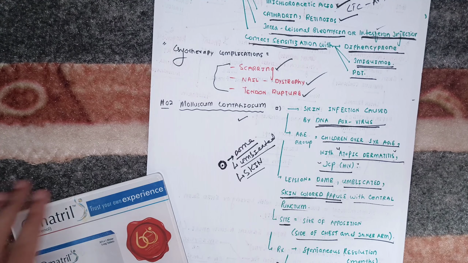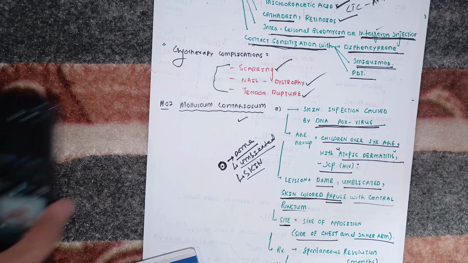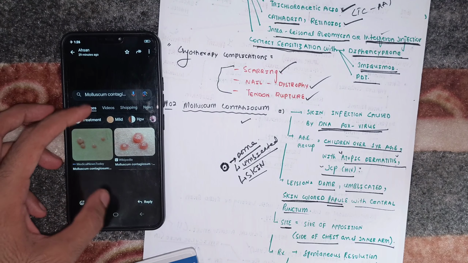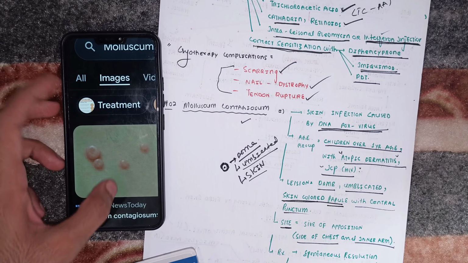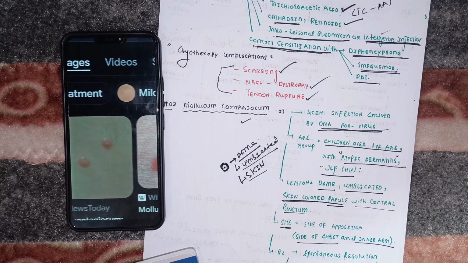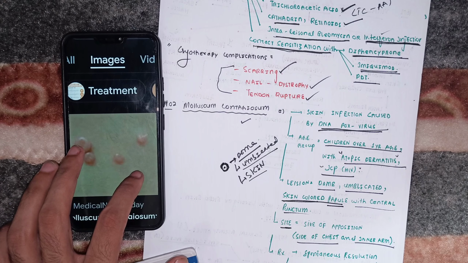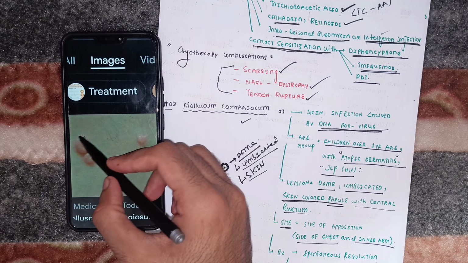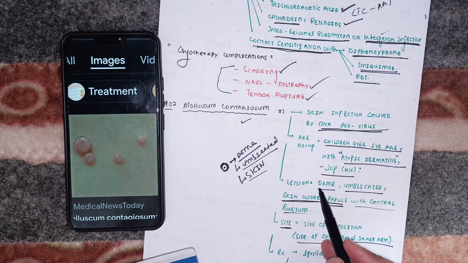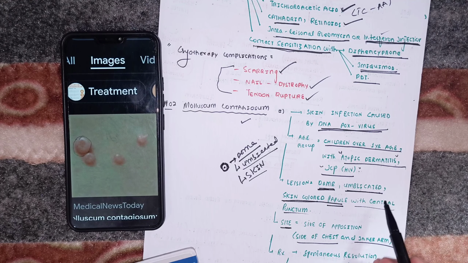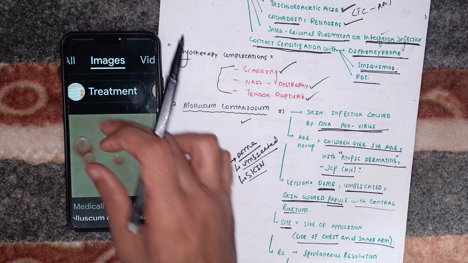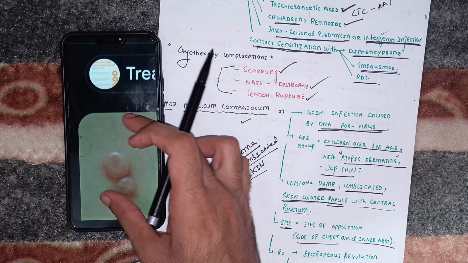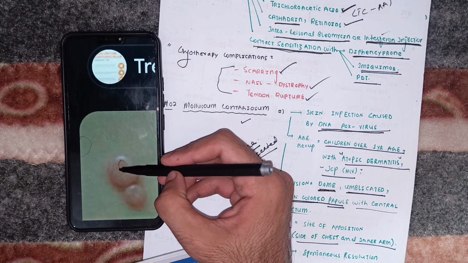Okay, let me show you beta what I am trying to say. Okay, can you see beta? This is the lesion on the skin which occurs in case of molluscum contagiosum. Isn't it a papule? It is a papule beta. And also it is skin colored, it is dome shaped, it is umbilicated, and in the center of the lesion, if I just zoom into the picture, can you see in the center of the lesion, this is what?